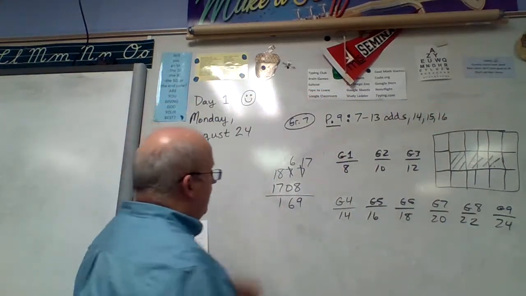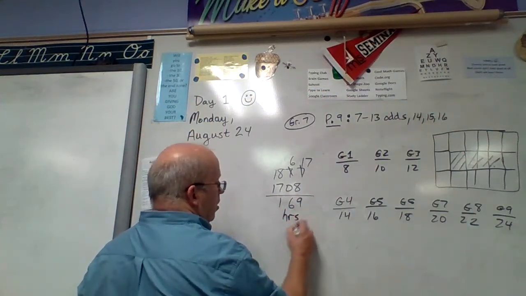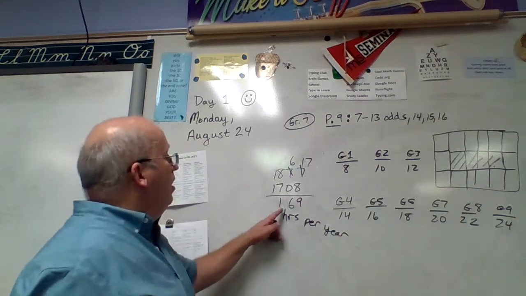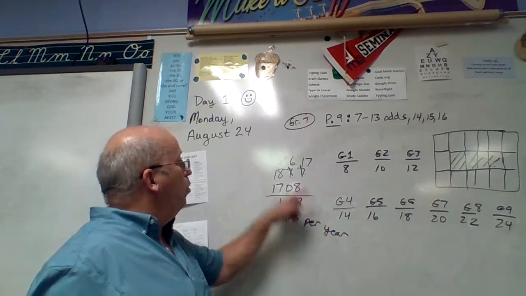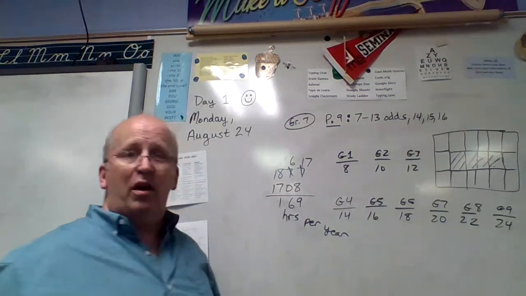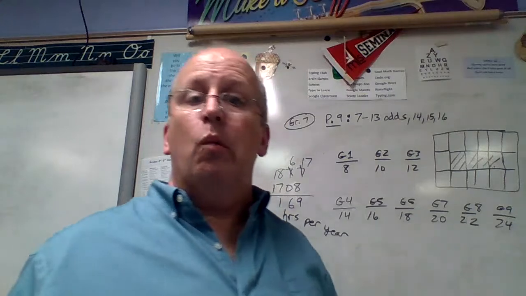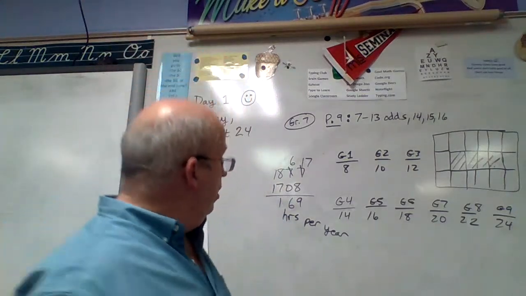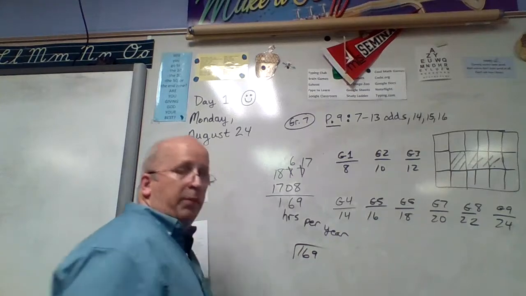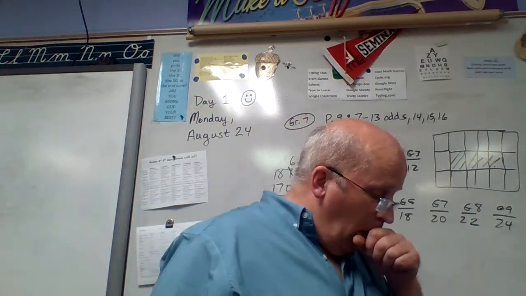This is the amount of hours per year. Americans work this many hours per year more than the people of Great Britain. But the question is asking, how many more hours per week do we work? So we would have to take this 169 and divide it by the amount of weeks in a year.